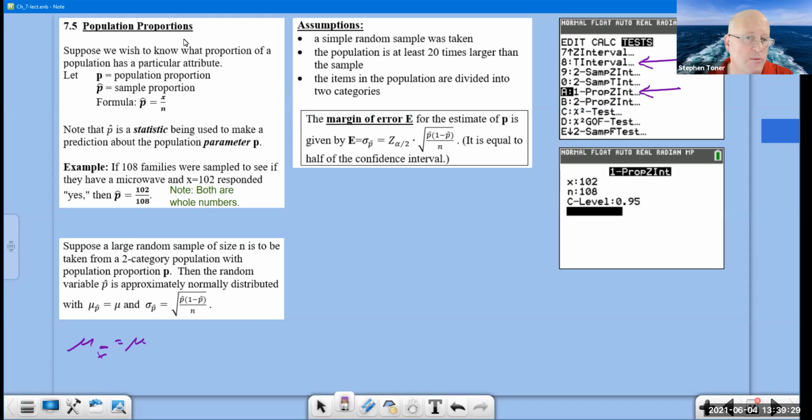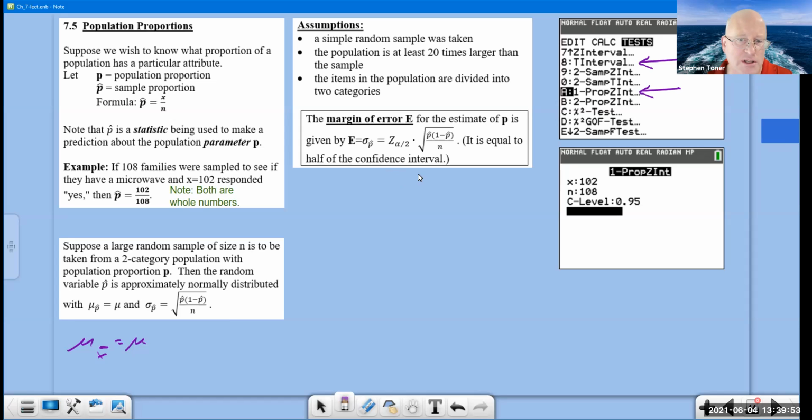When we are dealing with population proportions, there are a few assumptions. We're assuming we're taking random samples. We're assuming that the population that you're trying to make a claim about is at least 20 times bigger than the sample. And we assume that the items in the populations are of the two category nature, having and not having a particular attribute.